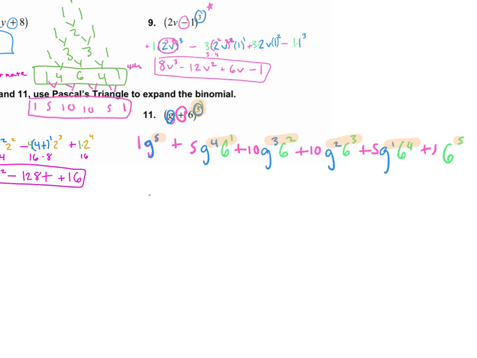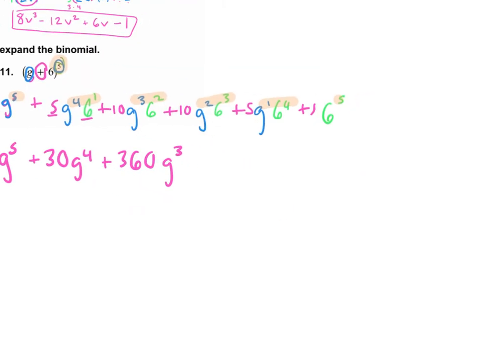So 1 times g to the 5th power is just g to the 5th power. Here we have to multiply our numbers together, so 5 times 6 is 30, so plus 30 g to the 4th power. Then we have 6 squared, which is 36 times 10, so plus 360 g to the 3rd power. Then we have 6 cubed, so 36 times 6 is 216 times 10, so this would be plus 2,160 g squared.